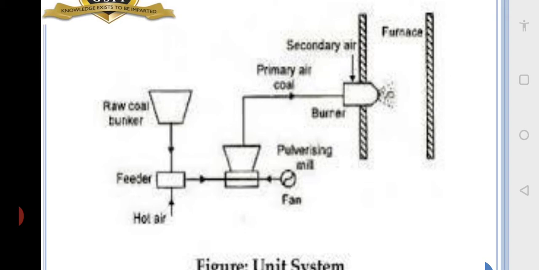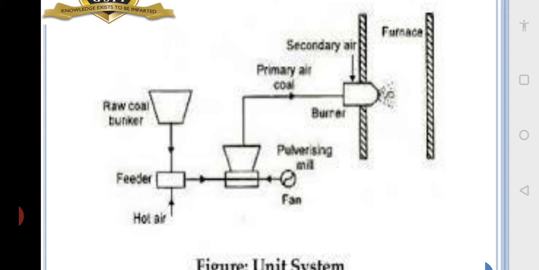Pulverizing mill, I will again repeat, it is a small mill where the lump coal is powdered like a fine powder, and you can see that flour mill, we call that flour mill, where we take that jowar, wheat and all and get it ground. So these are big mills, they are known as pulverizing mills.